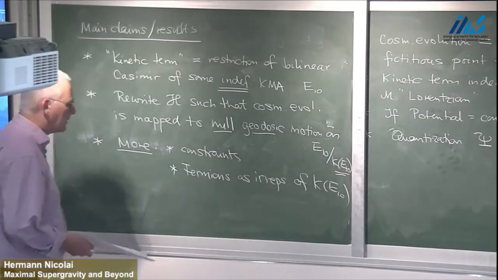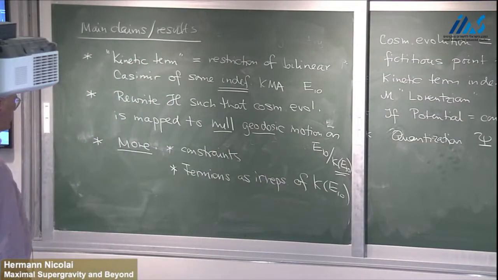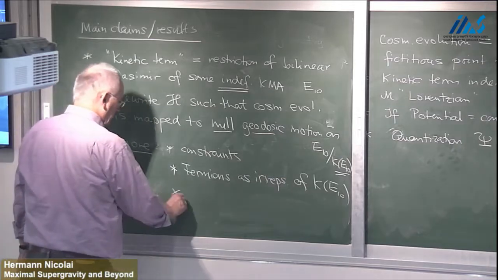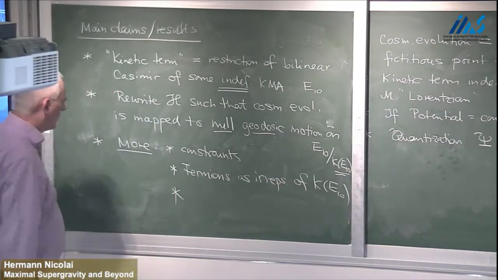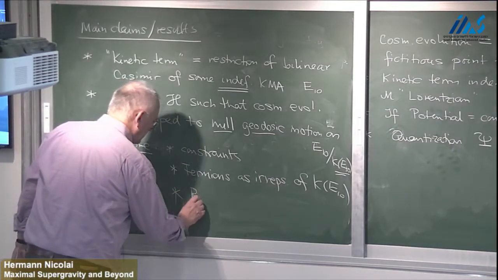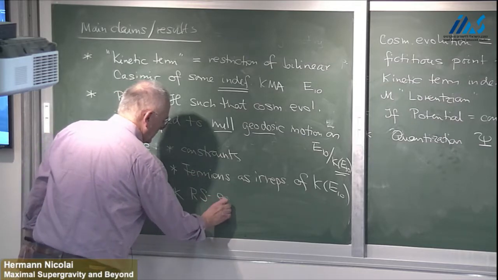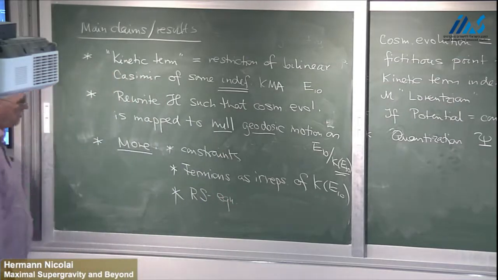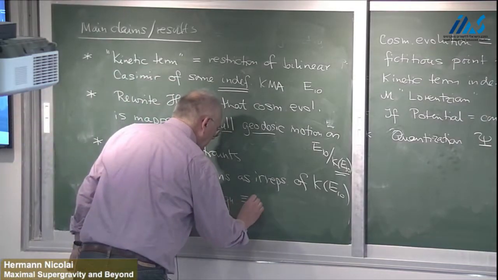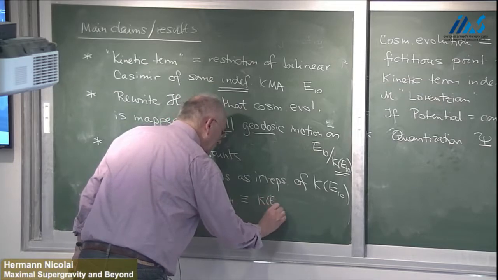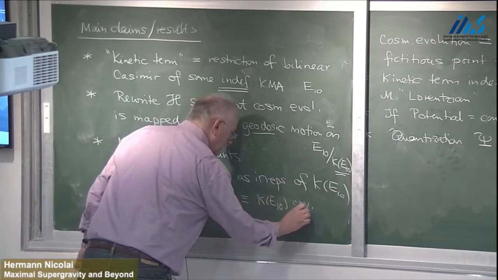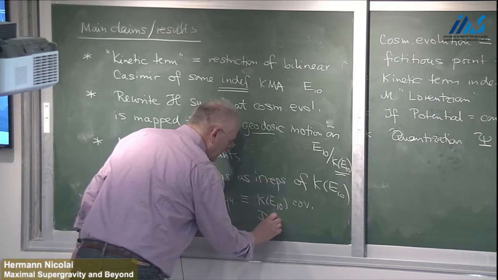So this is exactly like in N equals 8 supergravity. And then you can rewrite, for example, the Rarita-Schwinger equation, which I didn't write out, but it's something in 11-dimensional supergravity, something more complicated, as a kind of KE10 covariant Dirac equation.